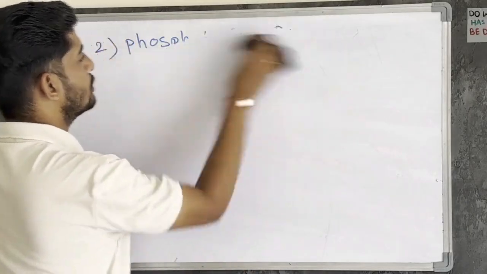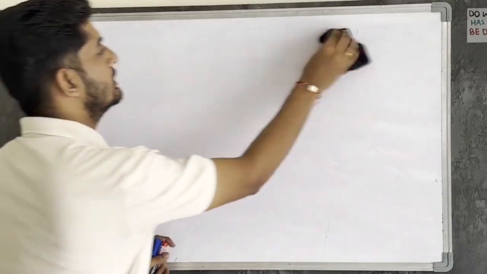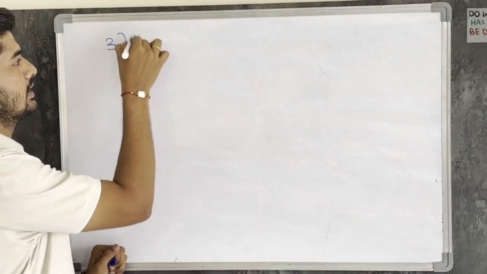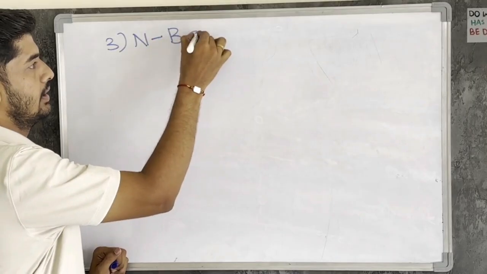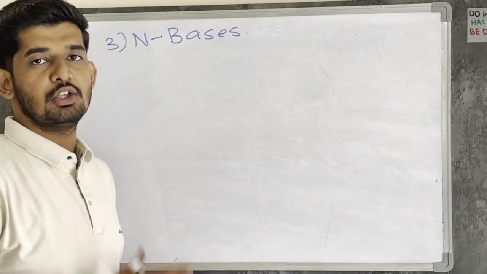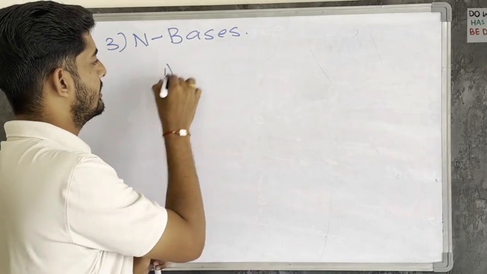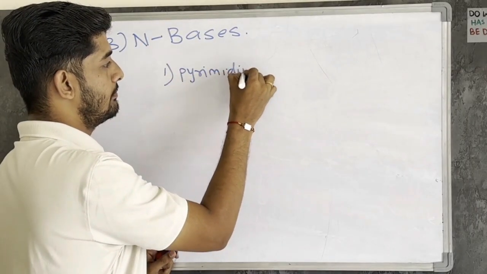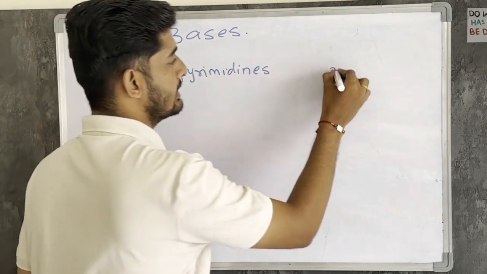Now after the phosphate group, we will see the nitrogen bases. Third is the nitrogen bases. The nitrogen bases that are present in the DNA are of 2 types. First is the pyrimidines, and second are the purines.